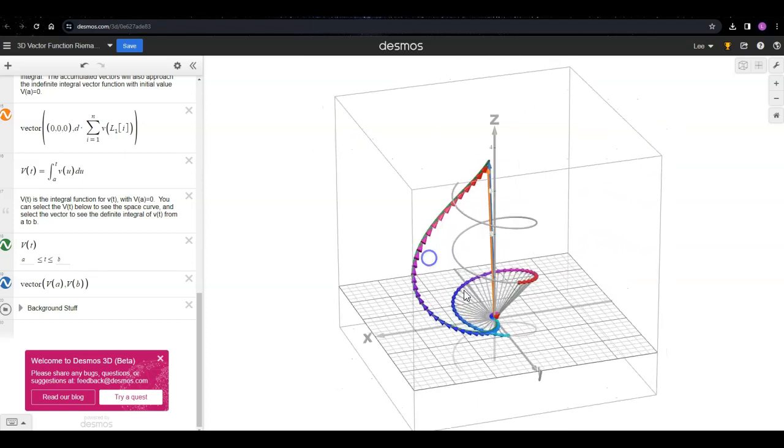And you'll notice that this just traces that path, maybe not exactly with these, this is an approximation with the vectors, but as that limit gets better and better, it's going to get a better and better approximation of that final vector function that's right there, which would be my antiderivative or integral function.